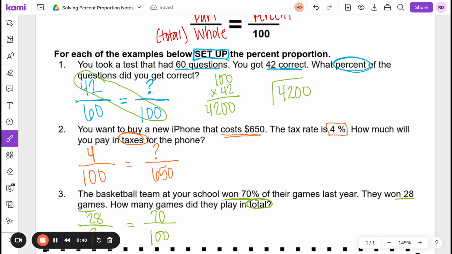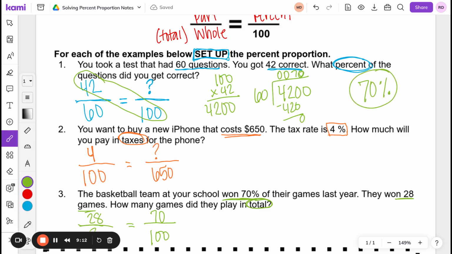And then we're going to divide 4,200 by 60. 7. Same thing. Your answer is not just 7. Your answer is 70 because you can't just leave that ones place with nothing in it. That would be wrong. So you have a 70% on your test.